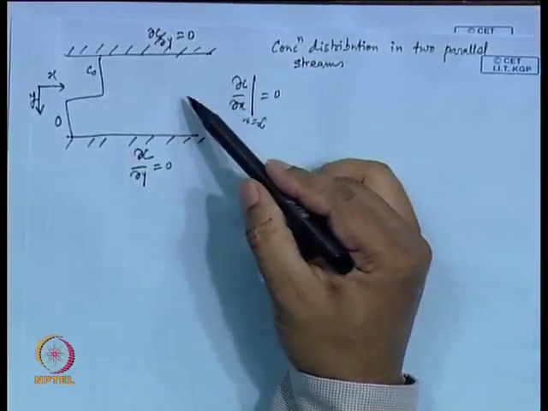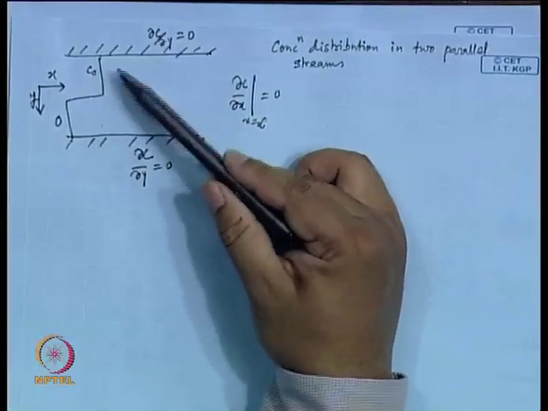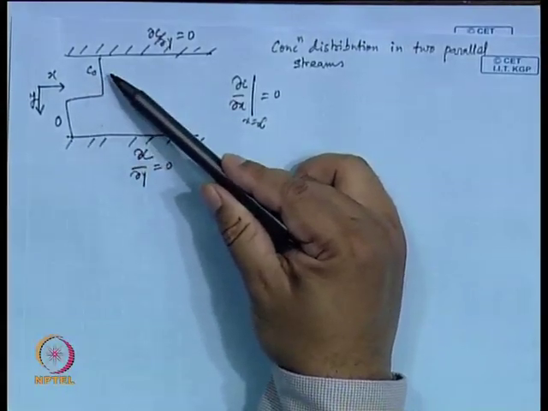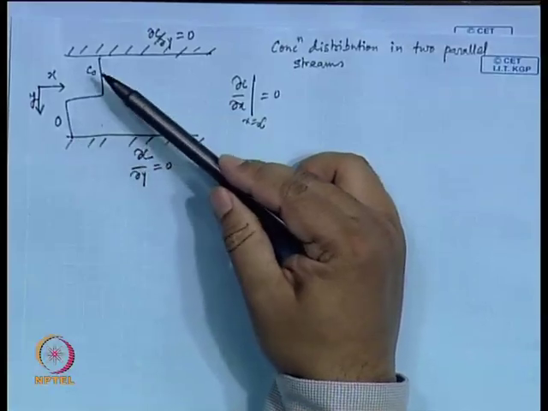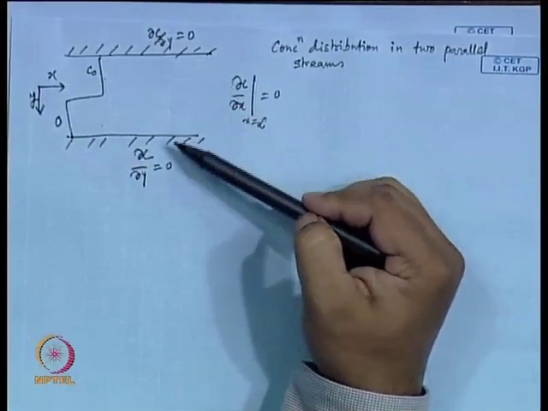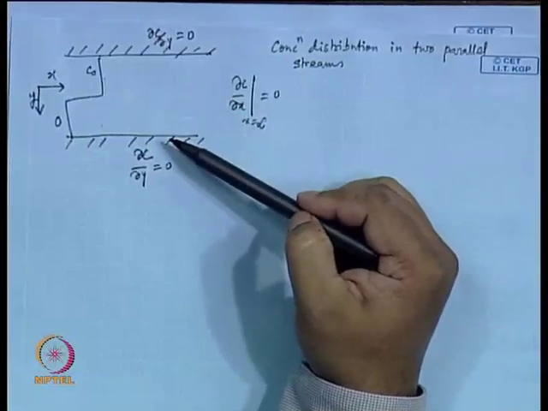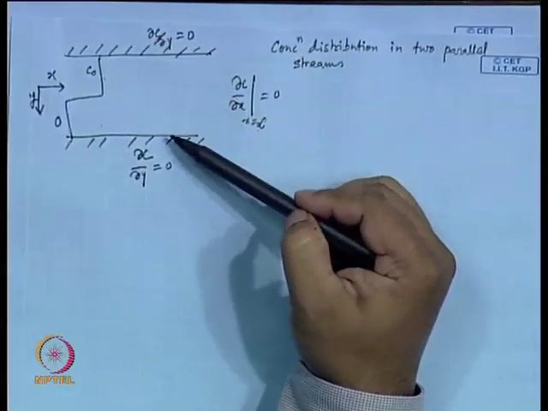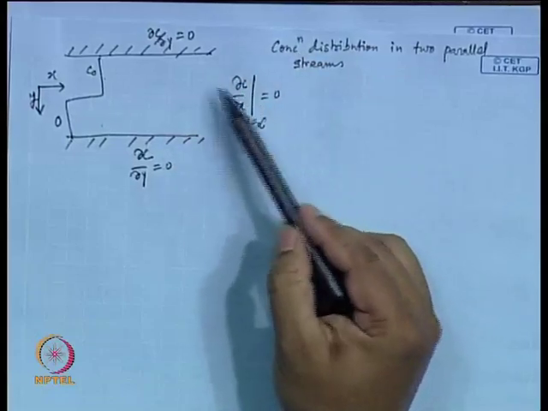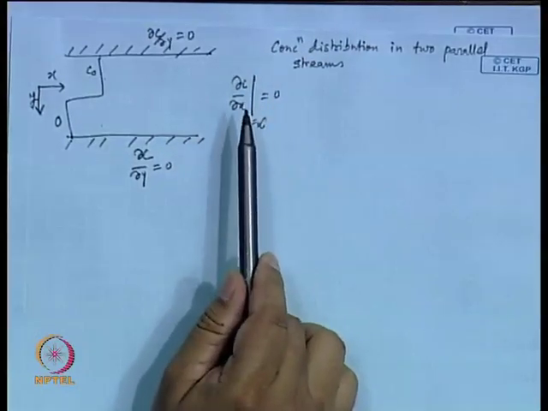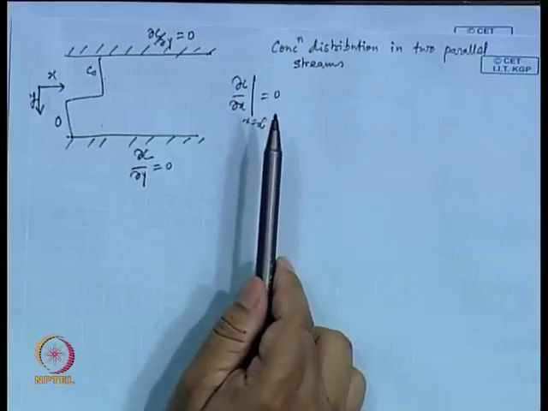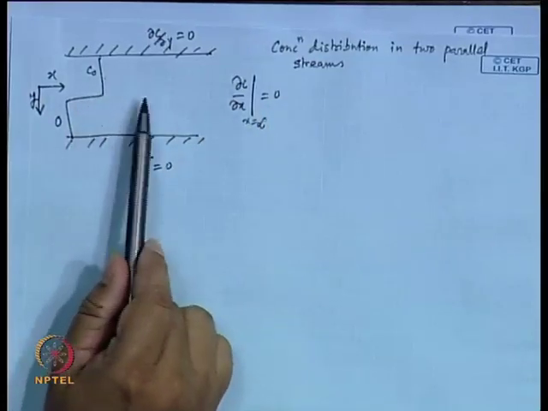That means the concentration would be mixing, right. If it is C0 and if it is 0, if it is saline water and clean water, then salt will diffuse from here to here, and at the end of it you will see everywhere it is C0 by 2. The concentration will be C0 by 2 down the line, after some length. So, at infinity the concentration change would be 0. There will be no longer any concentration change, but here the concentration is changing.